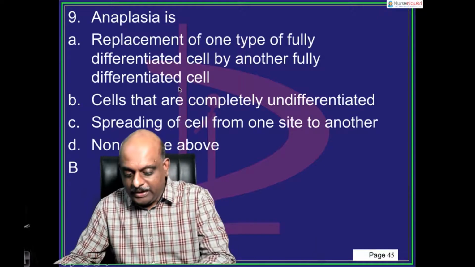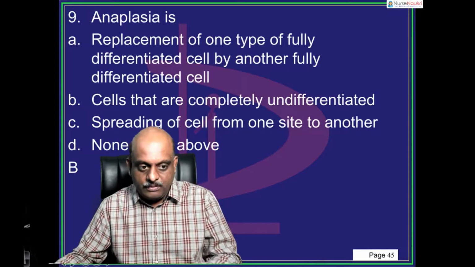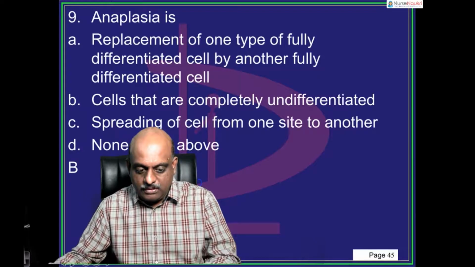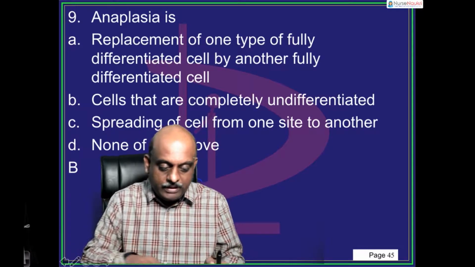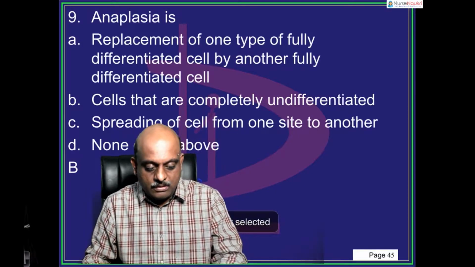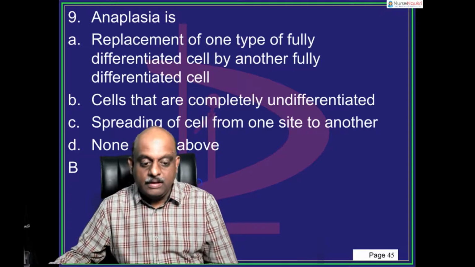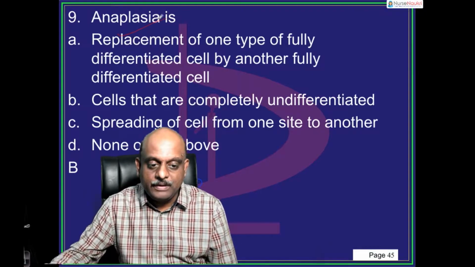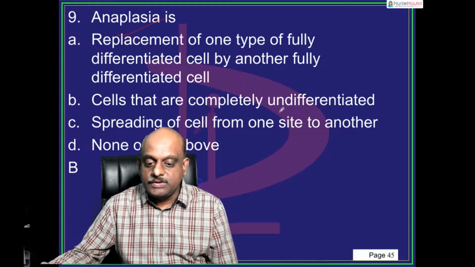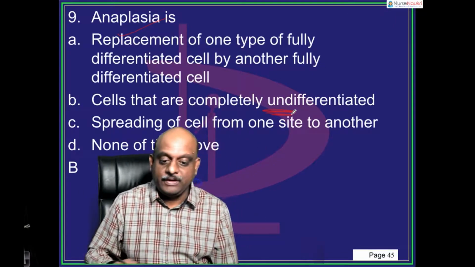Anaplasia is cells that become completely undifferentiated, right?